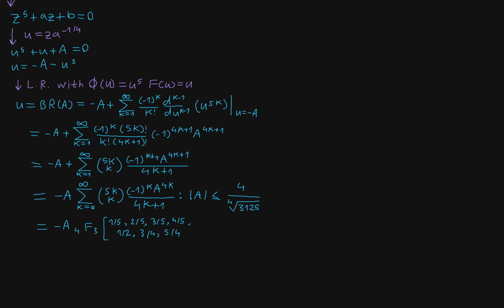And then the main argument over here is minus 3125 a to the 4 divided by 256. Okay. So this works for all a's with its analytic continuation. And this is actually the first solution. However, how are we going to find the rest of them?